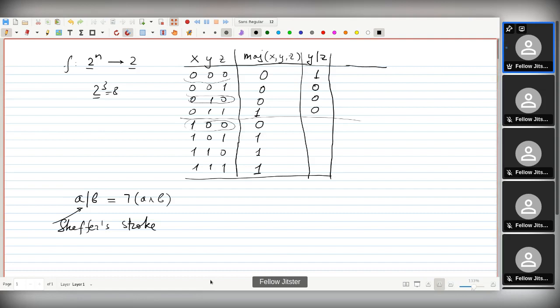And another interesting function for us for today is just XOR.